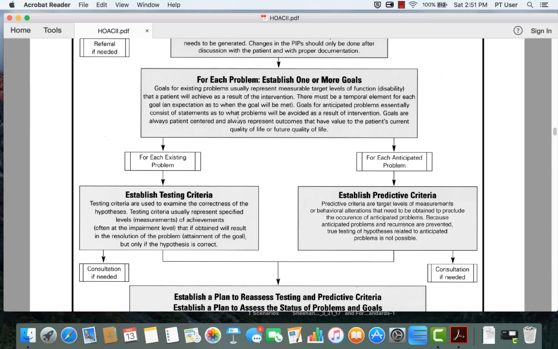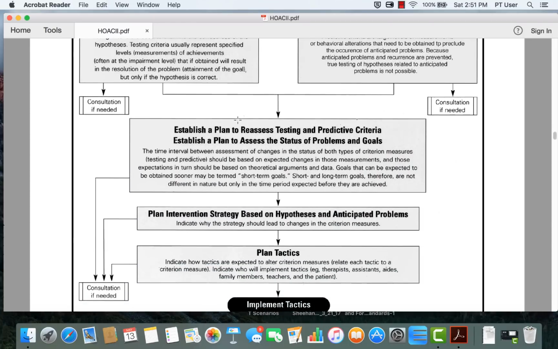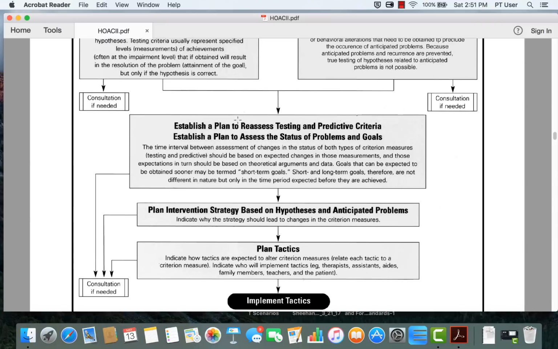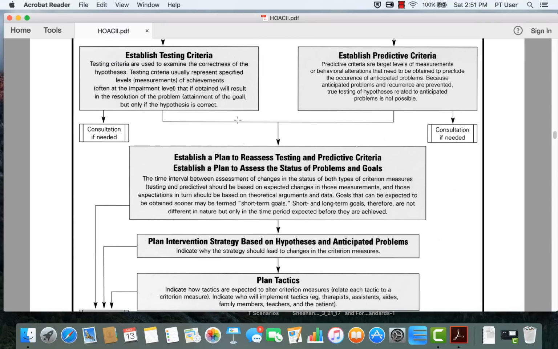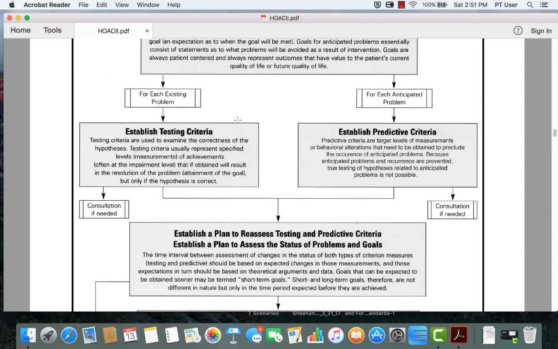Okay? So, refine the list, then establish goals. Now, the next few pieces I'm not going to spend a lot of time on. It's getting a little bit more advanced, but I'm just going to quickly highlight them, and then that will be it in terms of talking about part 1 of the model.